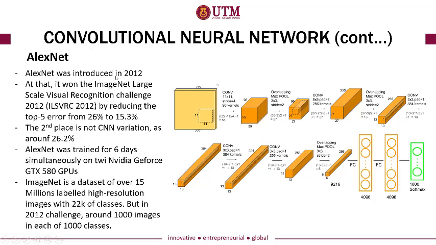I think ImageNet at that time, because they keep updating the dataset, was different, but AlexNet was trained with ImageNet, which consists of almost 6 million images. These 6 million images have been labeled with 1000 classes.